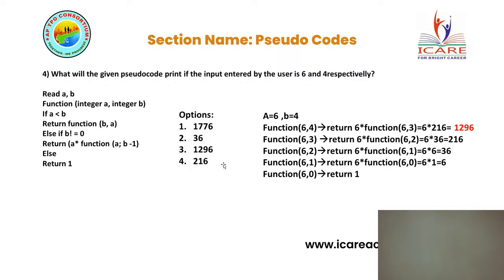So within the given options, the third option is the answer. 1296 is the answer. Hope all of you have understood it. We are moving to the next question.